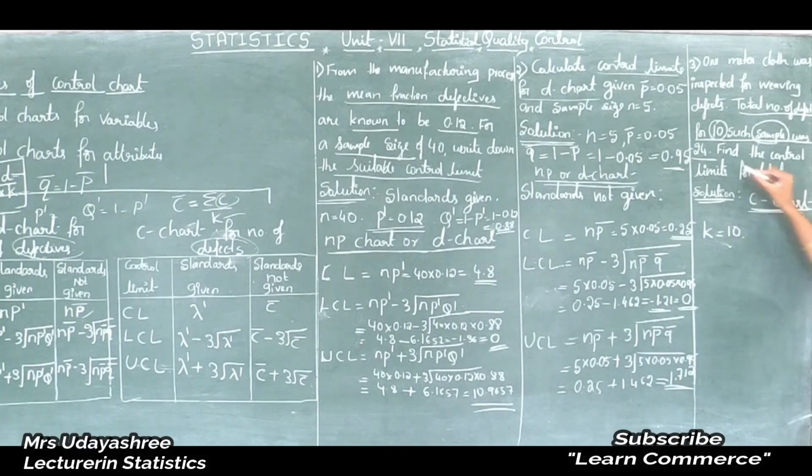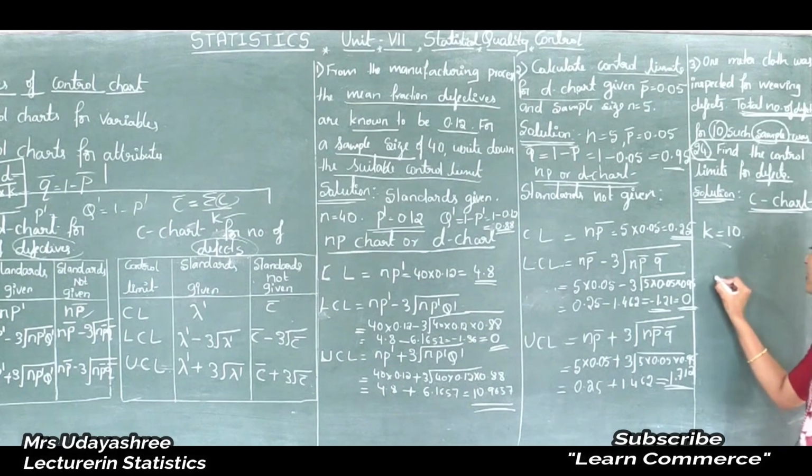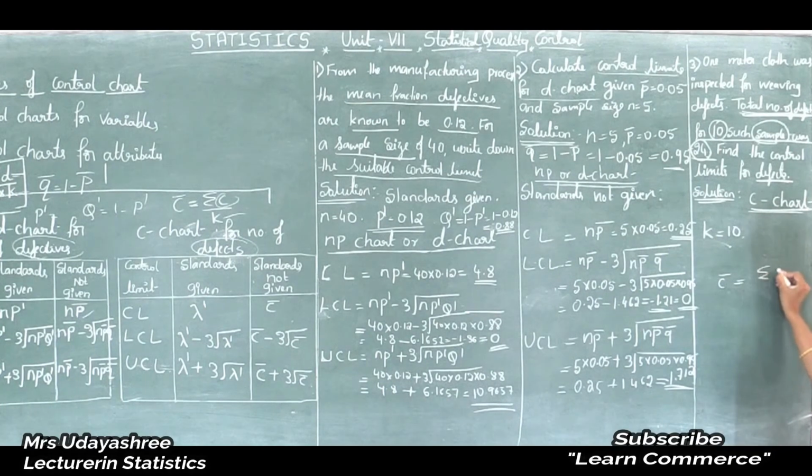Next, one more observation is given, that is 24. What is 24? 24 is the total number of defects for 10 such samples. To calculate C bar, we use the formula summation C divided by K. Here K is the number of samples or subgroups, and C bar is the average number of defects.